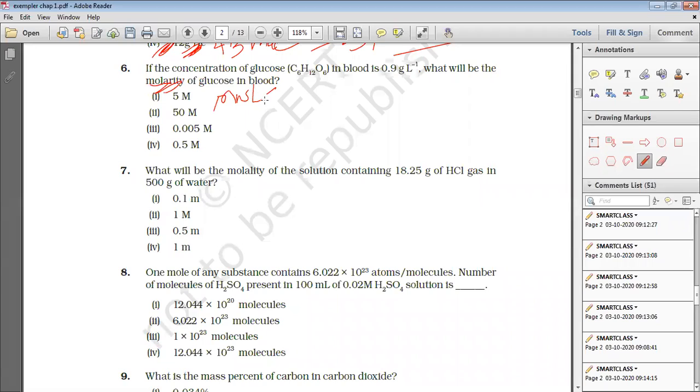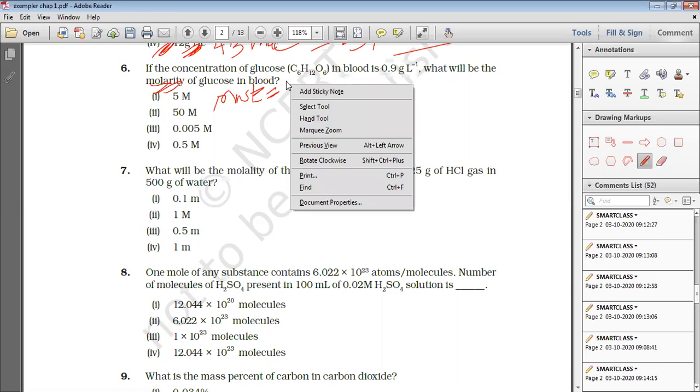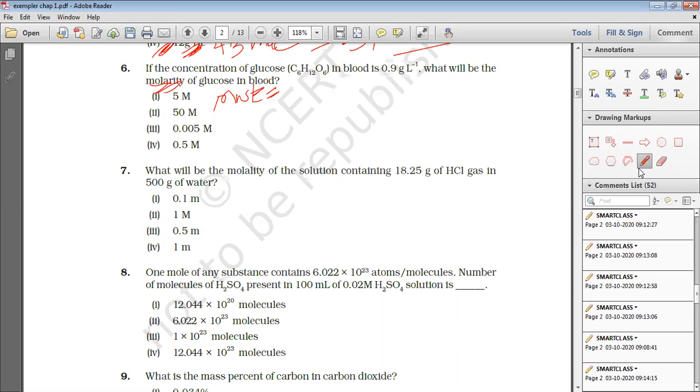If we want to calculate the molecular weight, my dear students, first C6, that is 12 multiplied by 6, which is 72, plus 12 plus 16 6 is 96.